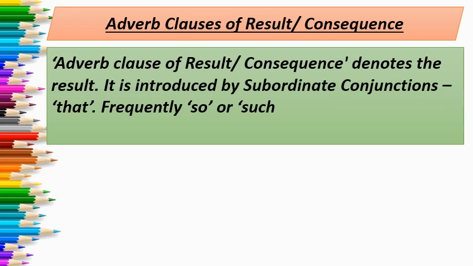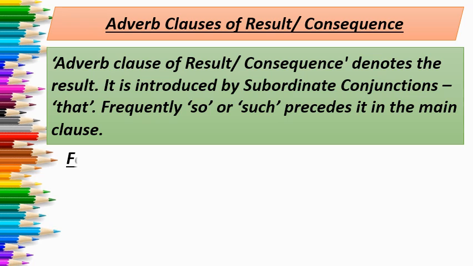Frequently, so or such precedes it in the main clause. It answers the question how when it is asked of the adjective in the main clause. Whatever answer you get will be your adverb clause of result. Fine. So let us see some examples to clarify it.